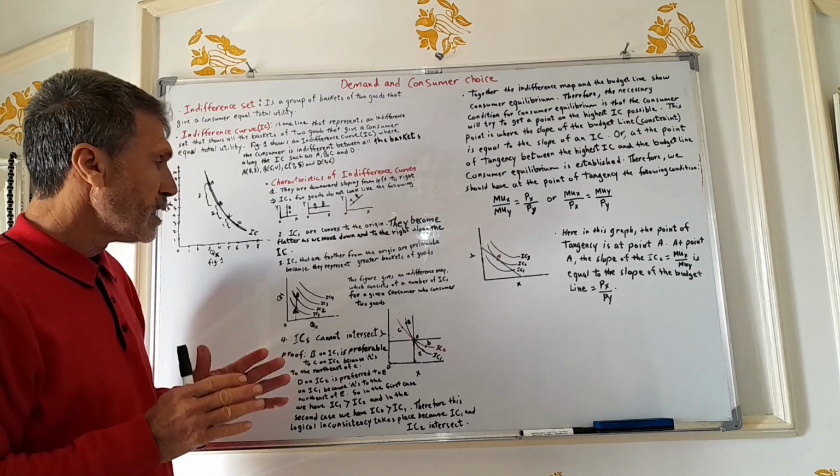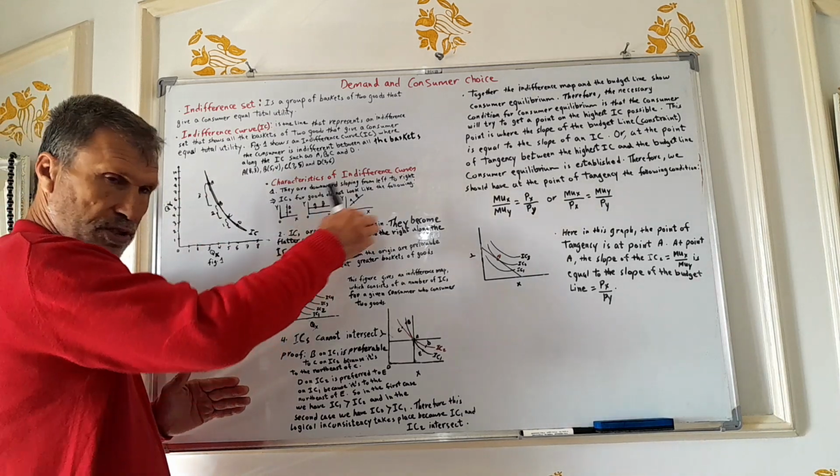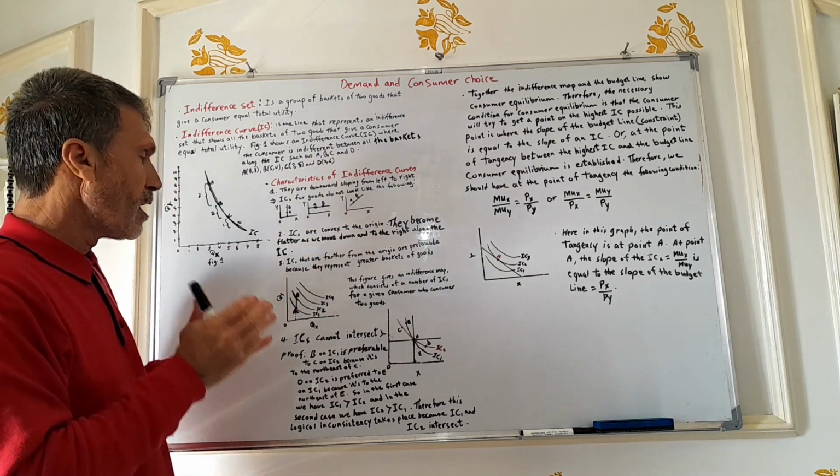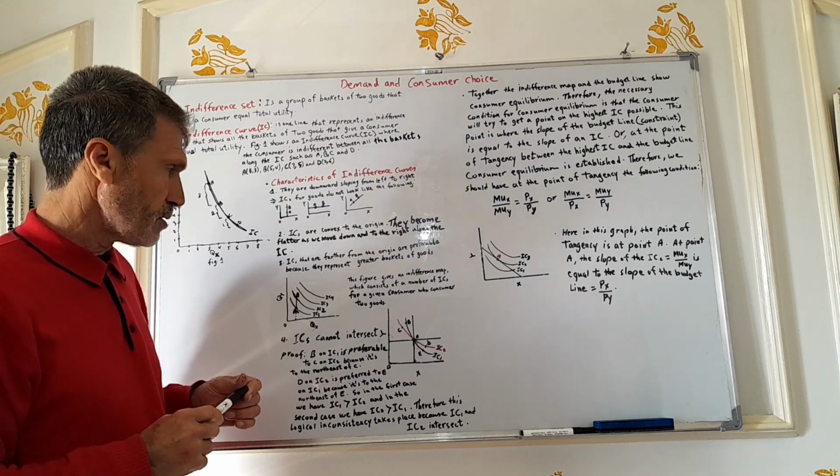So in other words, the indifference curves that are farther from the origin are preferable because they represent a greater basket of goods.